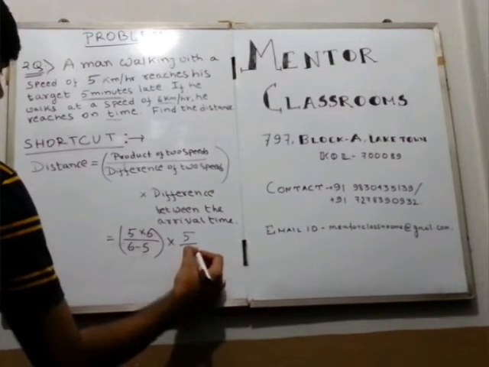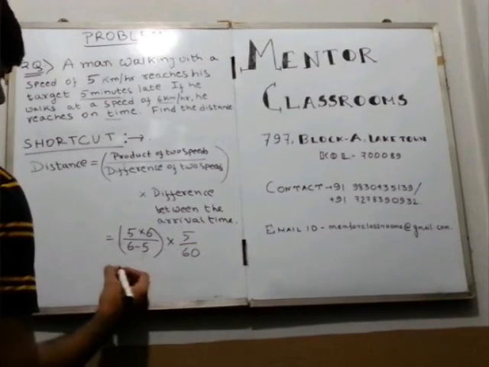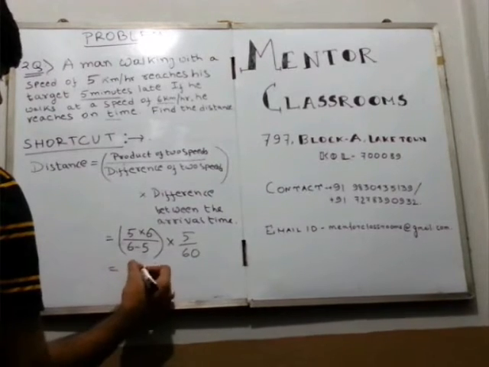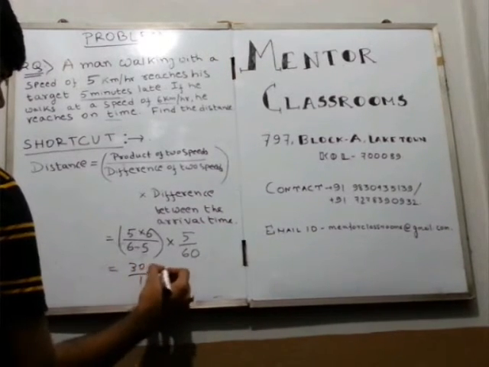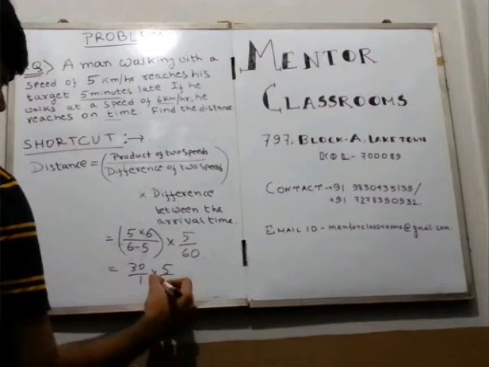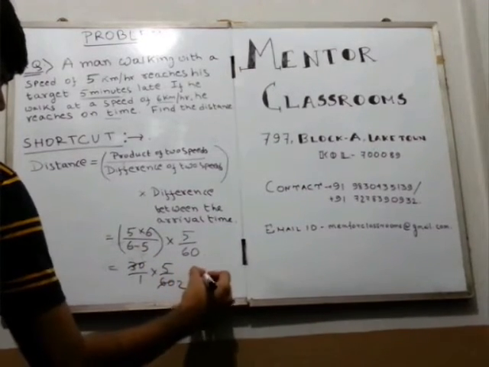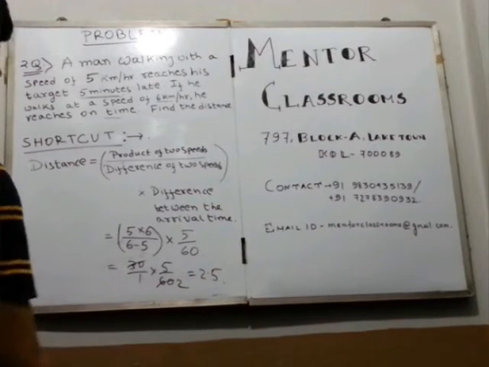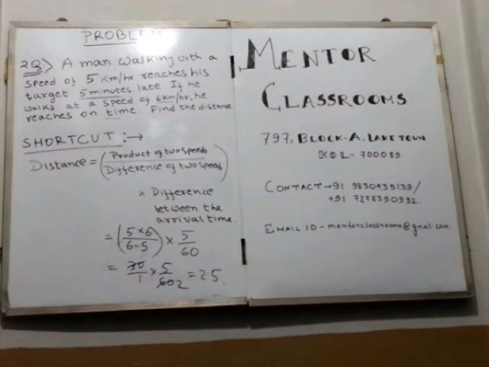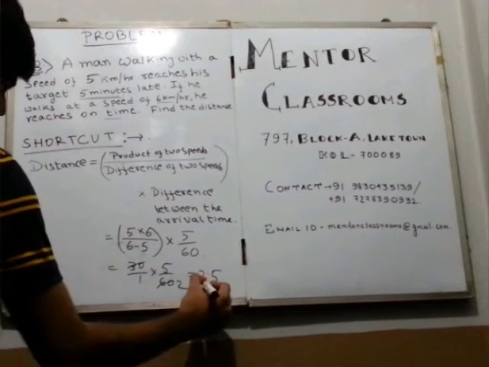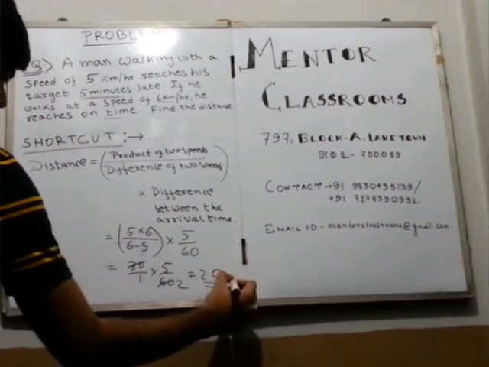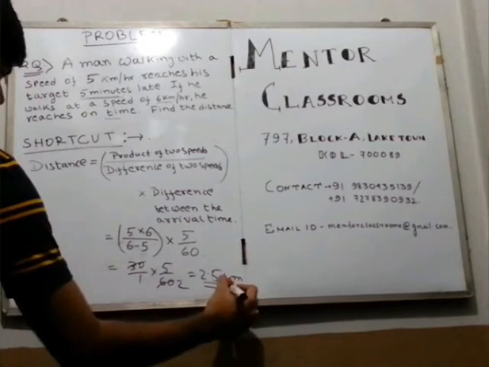You have to convert in hour. So 60, this gets cancelled to 2.5. Okay, so our distance is 2.5 kilometer.